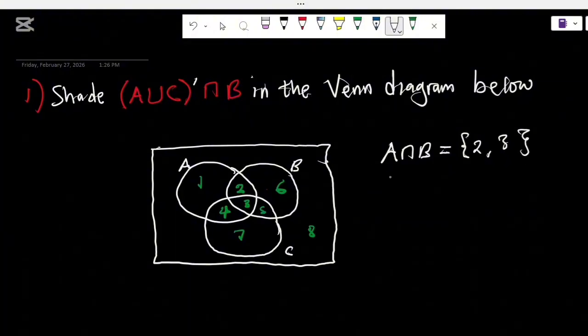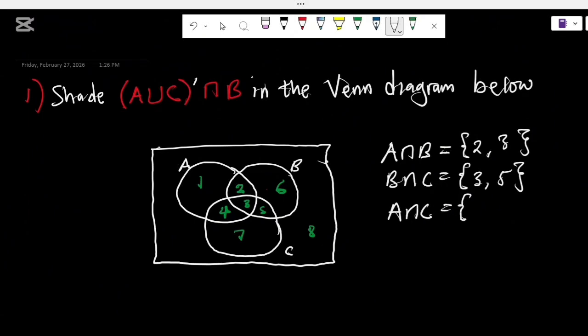And we can say B intersection C, the numbers that are common in B and C. So B intersection C, the numbers that are common are 3 and 5. And we can also say A intersection C. So when you look at A intersection C, the numbers that are common in both set A and C, we have 3 and 4.